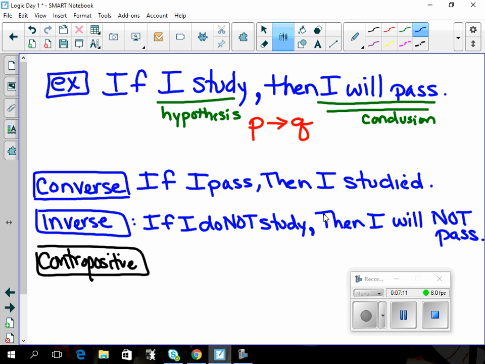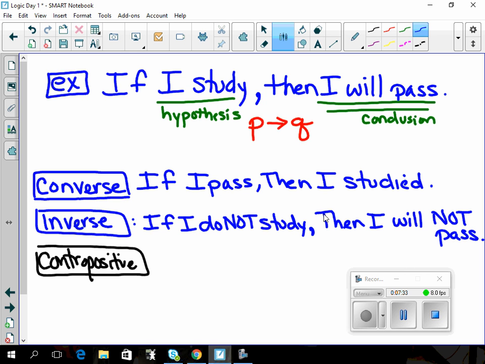Now, what if the original sentence had a not in there already? How do you negate a not? Take it out. Have you ever heard the word double negative in English? You can't have a double negative, right? So you just take it out.